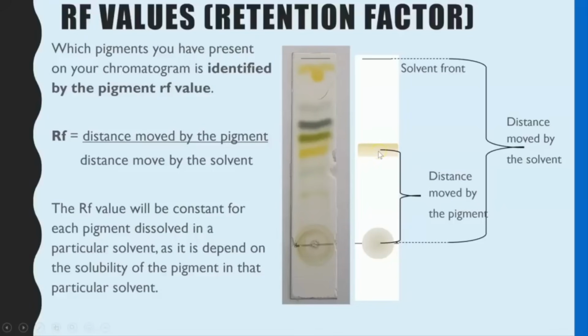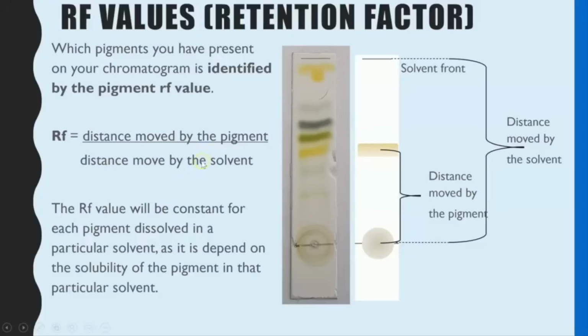We measure from the middle because the pigment is normally quite spread out. So as a way to standardise your measurements, so it's a fair comparison every time, we always measure from the middle of where the pigment has moved to. So that would be our distance moved by the pigment.